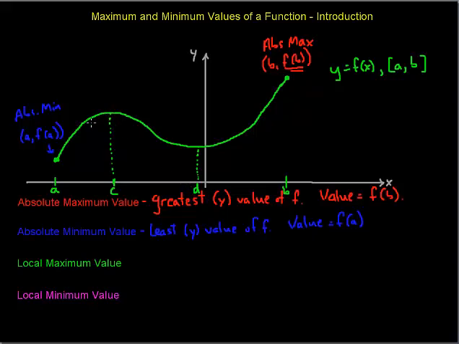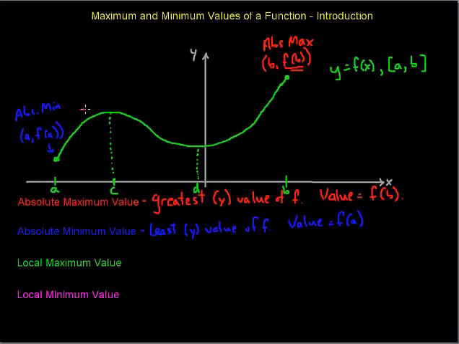This round hill has a property, first of all, that it's smooth, and it also has the property that the tangent line at that point is horizontal.